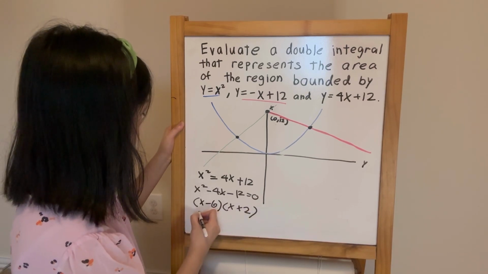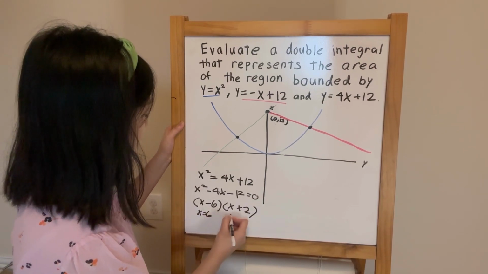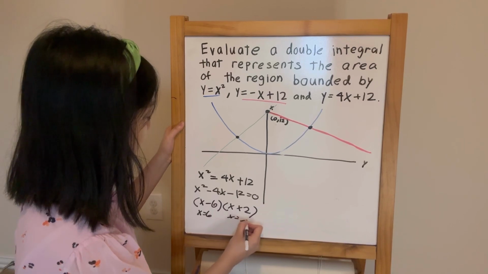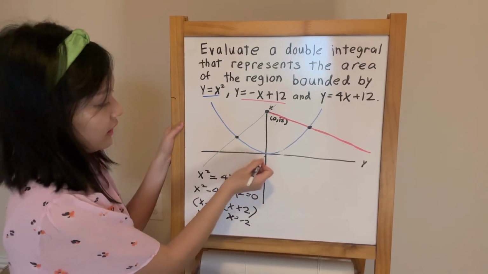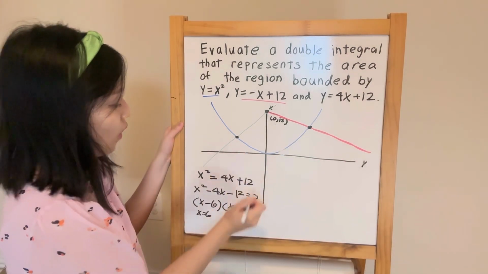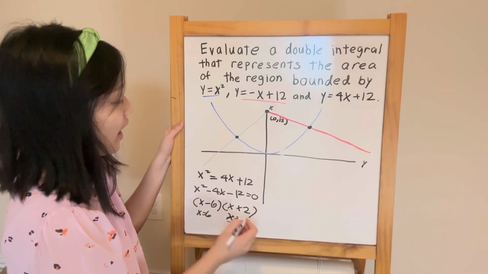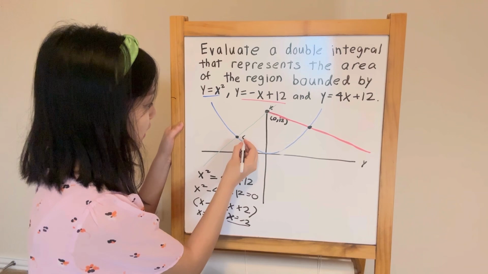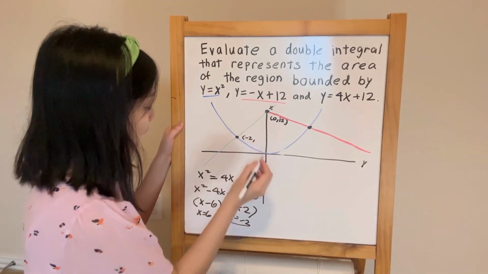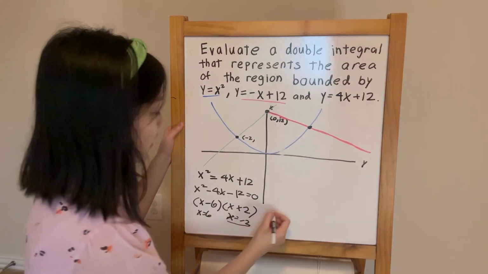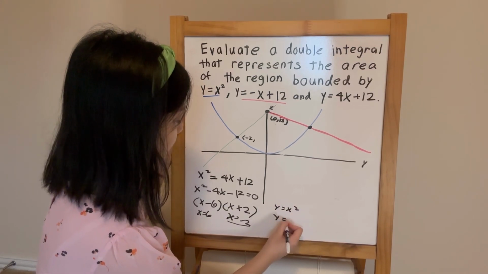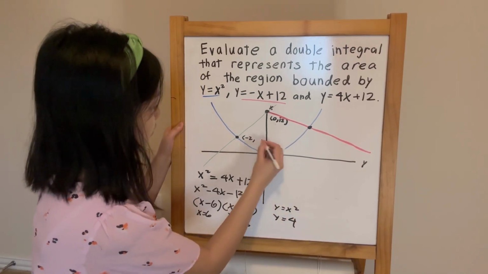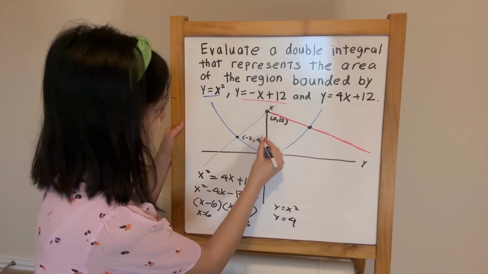And we have the solutions x equals 6 and x equals negative 2. However, since we're dealing with the negative region right here, we only care about the negative x value. So this is going to be negative 2. And plugging negative 2 into y equals x squared, we get y equals 4. So this would be 4 right here.